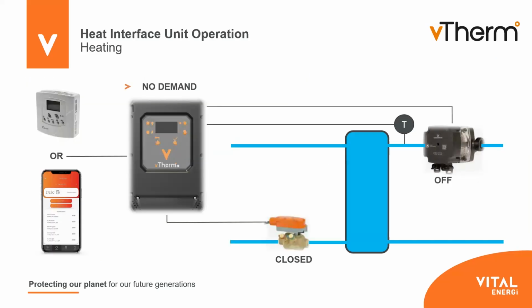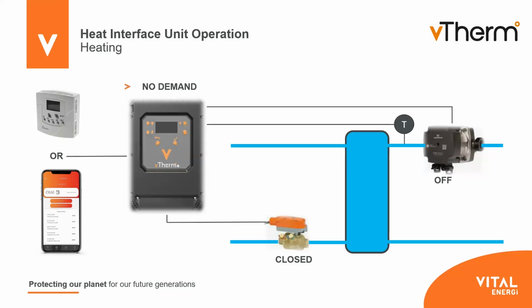So let's talk about the actual physical operation. You'll have some form of either an app or an electronic thermostat, time clock, scheduler, and that will enable the controller to go, right, I've now got my time clock, I've now got my stat to say I need heat.